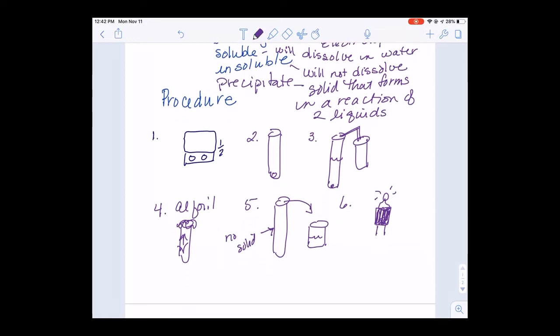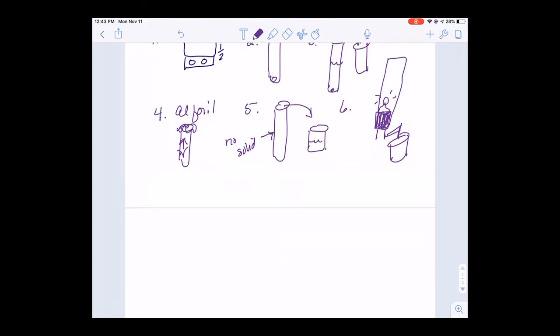Ours are attached to paint stir sticks, and they're homemade, so you can tell that I made them because they're lovely. So you're going to rinse off your conductivity meter with DI water, and then you're going to put the meter into your 50 milliliter beaker.